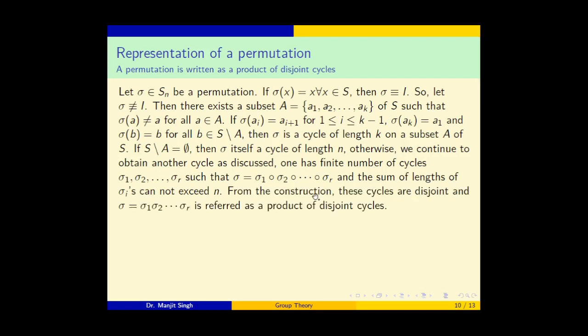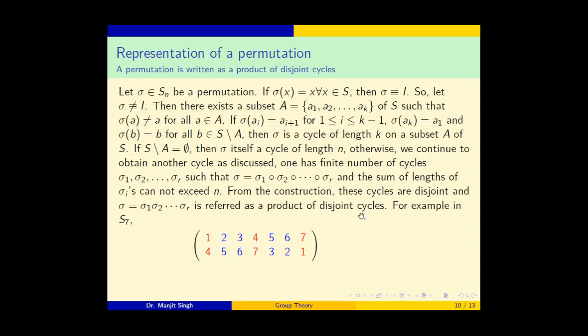From the construction, these cycles are disjoint. As we have discussed earlier, B is a subset of S minus A. And in this way, from the construction, these cycles are disjoint, and sigma is now a product of disjoint cycles.